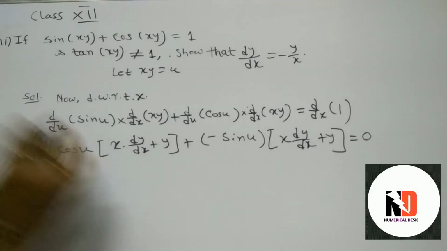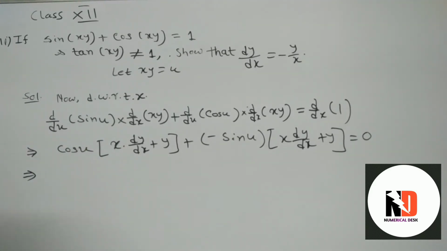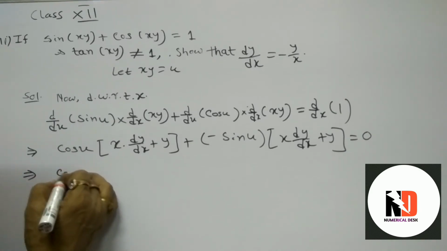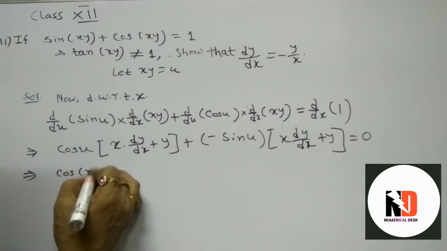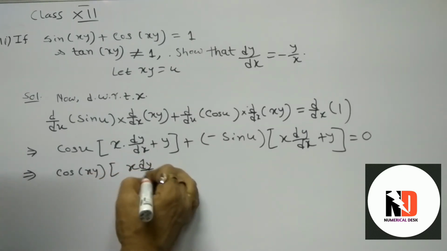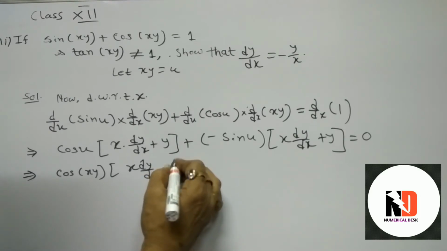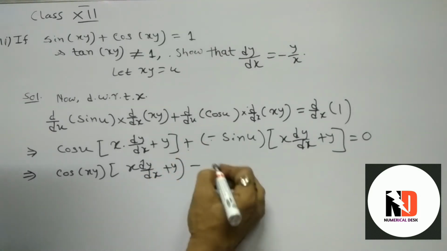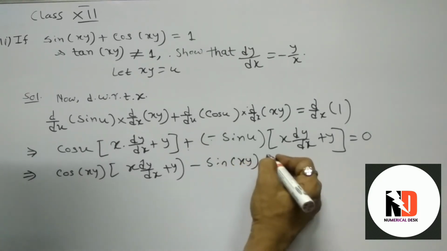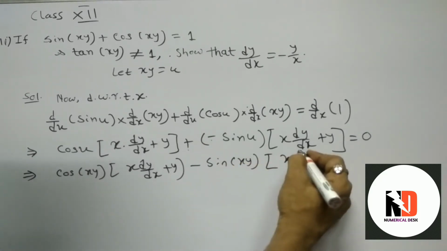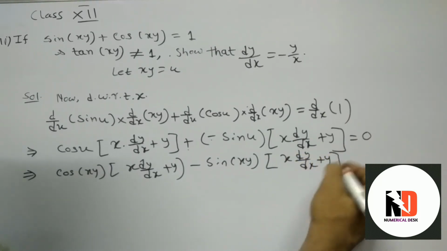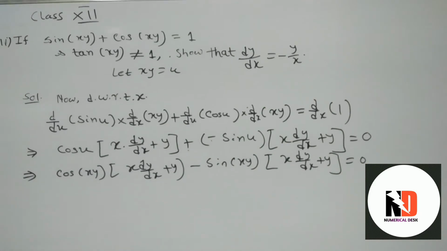Now let us proceed. So what to do now? Just take common x dy dx plus y. Now putting the value of u, let us first arrange the sum, and this is plus minus minus, and then again in the bracket the same thing is written, equal to 0.